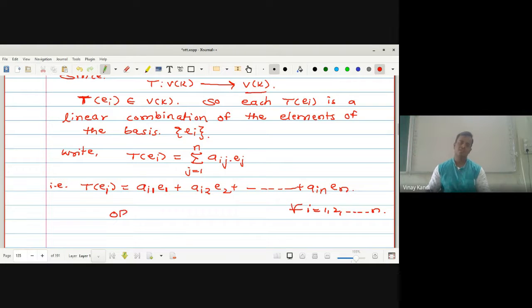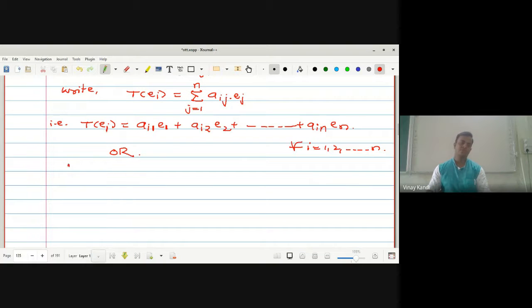Now run this i from 1 to N. What is T of E1? Put i equal to 1: A11 E1 plus A12 E2 plus up to so on A1N En. What is T of E2?